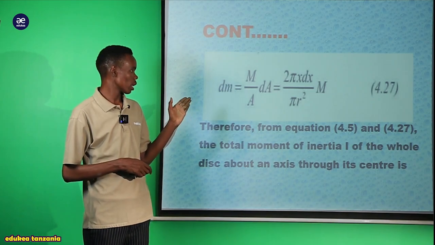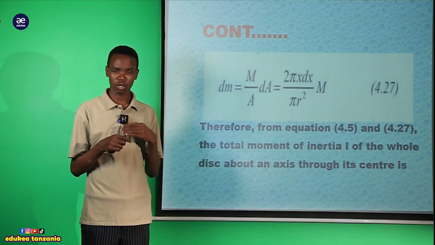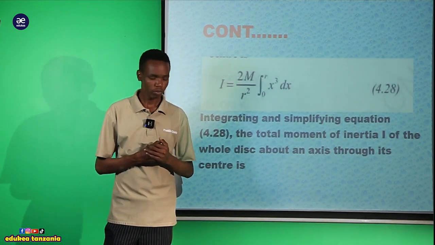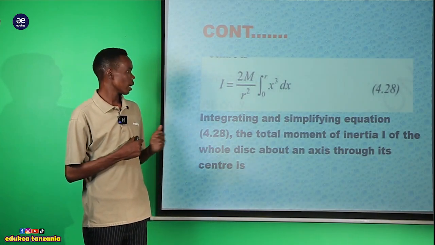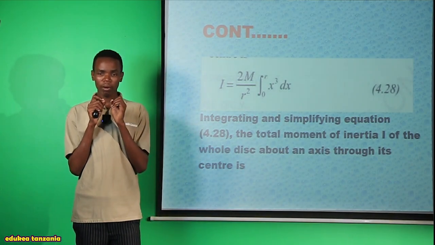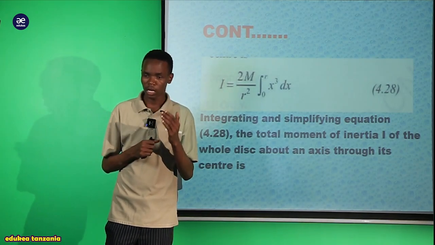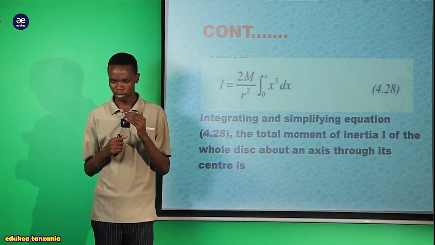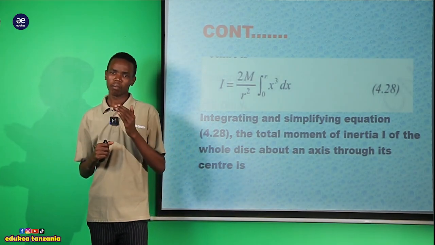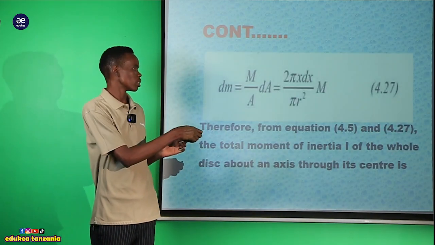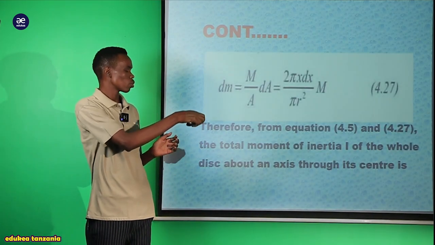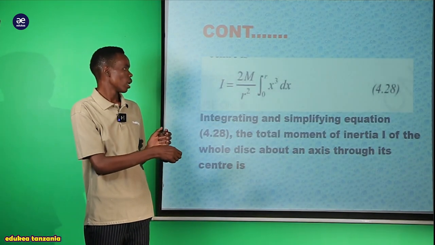It means value ya huyu dm, na mwisho wa siku tuende tukamsubstitute pale. So here as we know the moment of inertia here must be equal to dm times the distance square. But dm tumeshampata hapa. Sasa tutamchukua huyu, tutaenda kumsubstitute hapo.